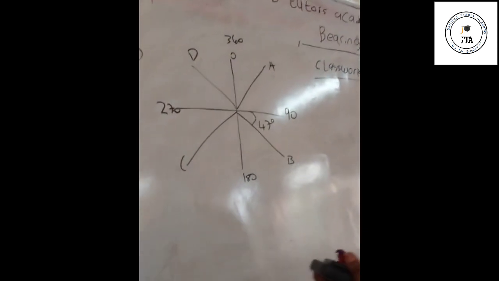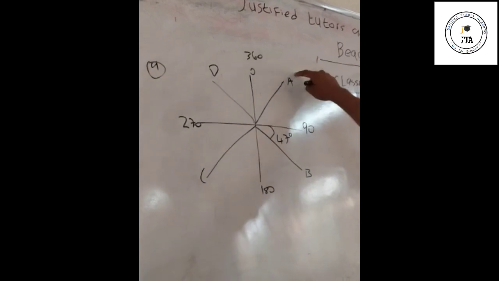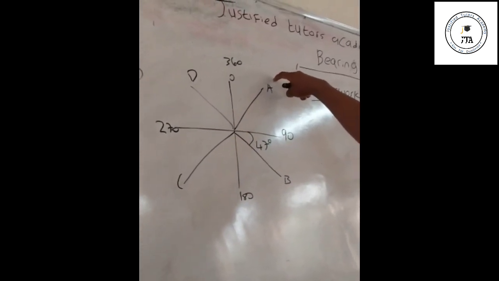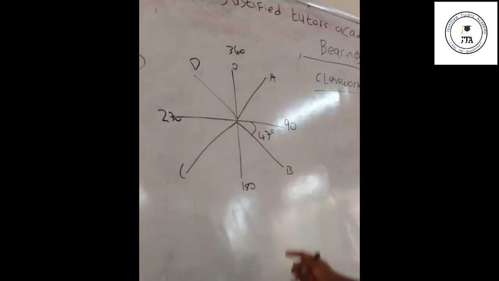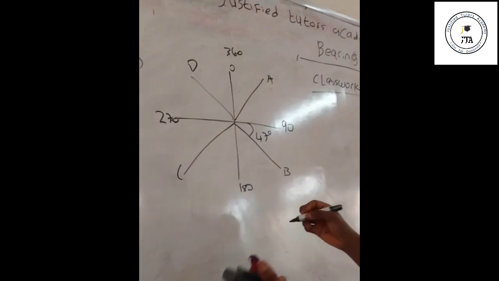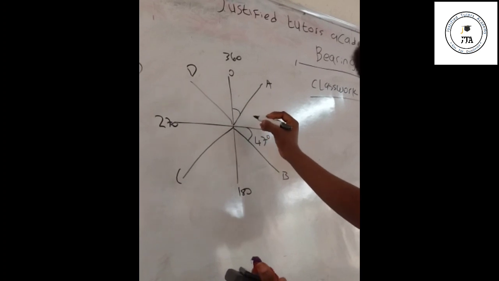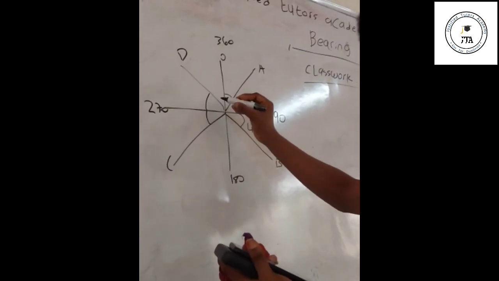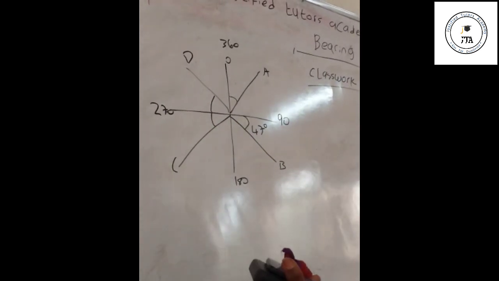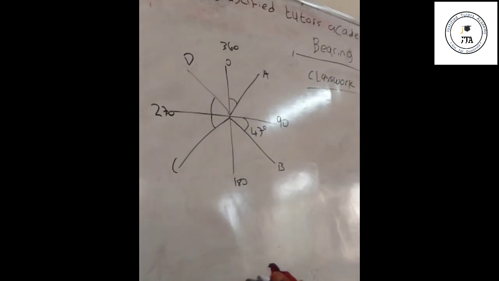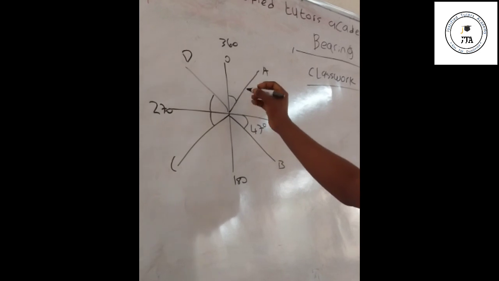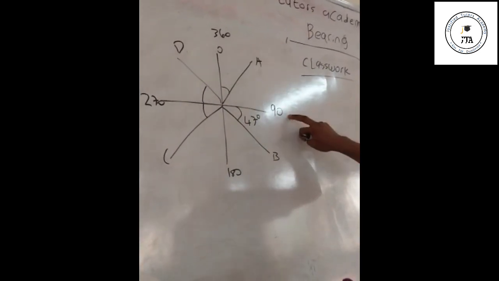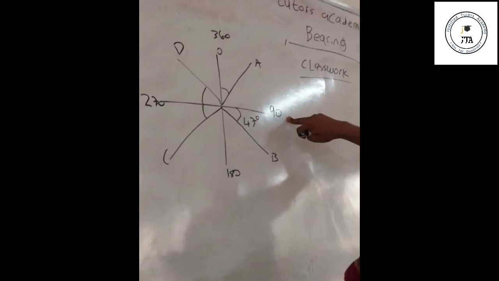Alright, so now to find A at this particular point, it's very simple. I already told you that the angle in between 2 points is 45 degrees.